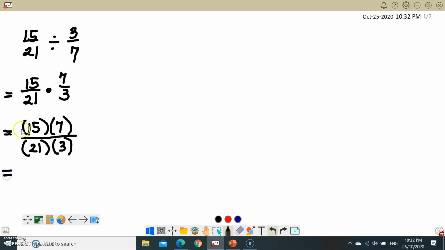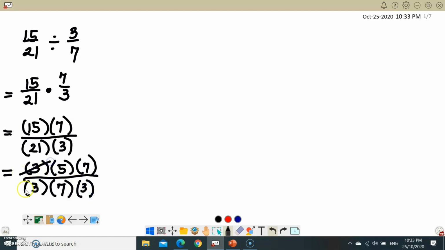Then we simplify. Factors of 15, that is 3 multiplied by 5 multiplied by 7, over factors of 21, which is 3 multiplied by 7 multiplied by 3. So we cancel 3 and 3.